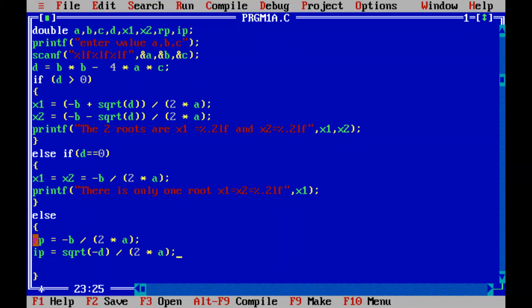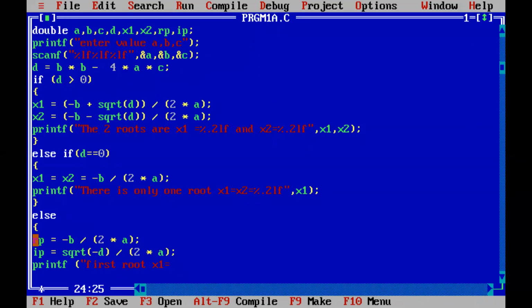After calculating the real and imaginary part, we have to print the roots. These root values are x1 equal to, so you can directly give it in the printf statement, the first root and second root. First root x1 equal to, that is rp plus real part plus imaginary part, right?